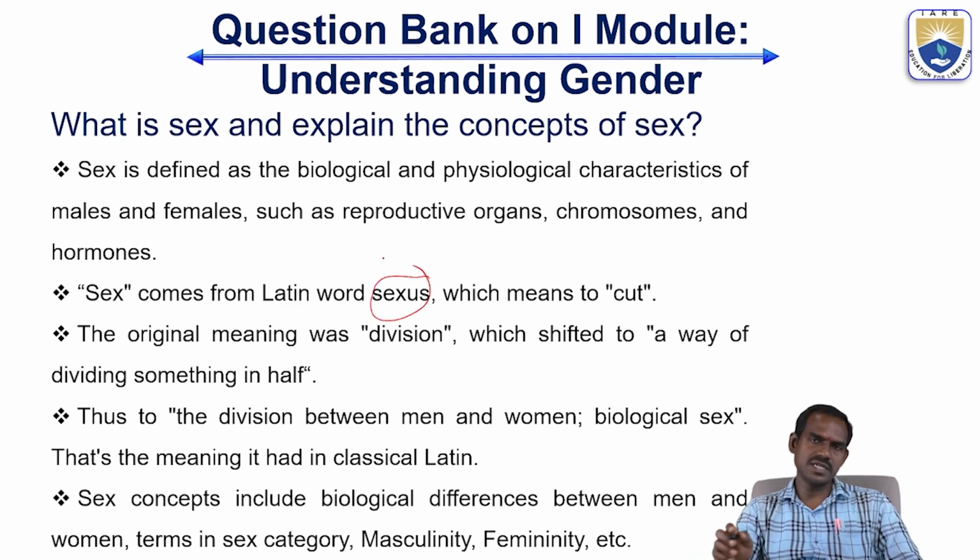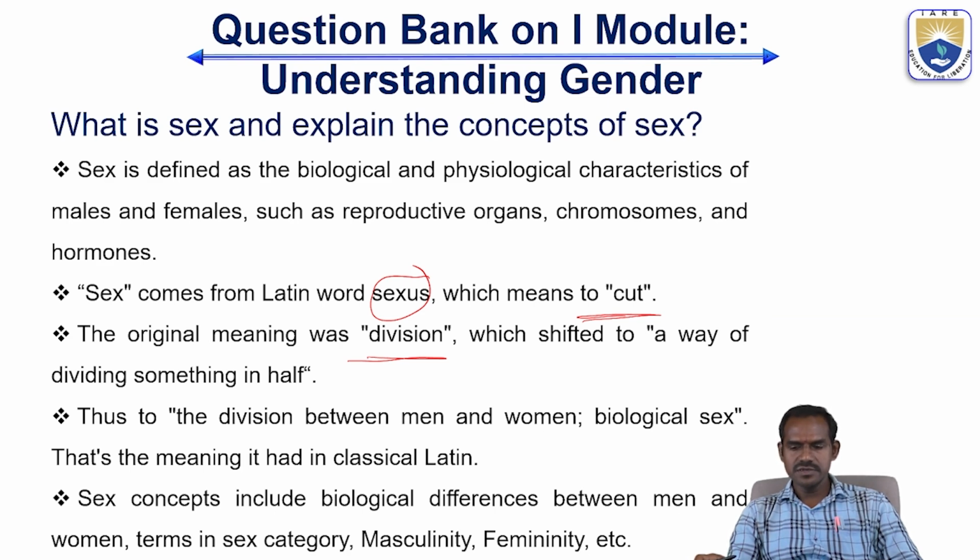Previously, the word gender came from the Latin word genus, which means kind or type. And here, the word sex came from the Latin word sexus, which means to cut. But the original meaning was division: division into male and female based on their chromosomes, reproductive organs and hormones.